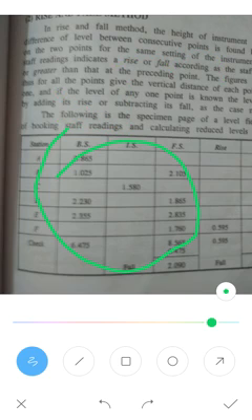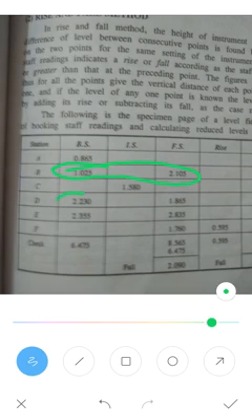Let me give you a hint: the movement will always go in this direction, one after the other. So you have to be very careful in this type of rows.